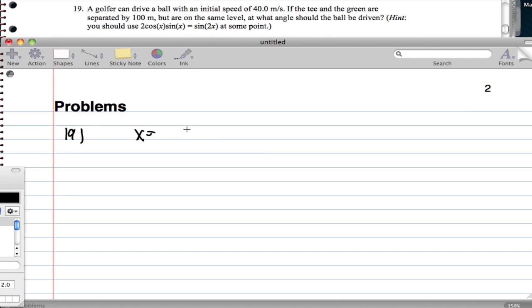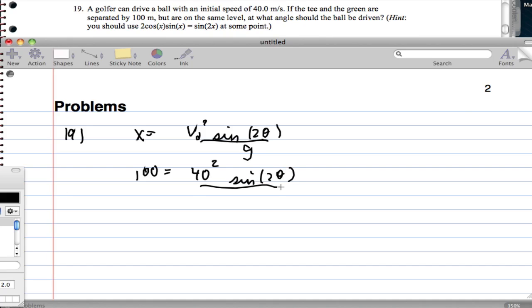We're going to have x equals v naught squared sine of 2 theta over g. So we have 100 equals 40 squared times the sine of 2 theta divided by 9.8. So we end up getting 980 divided by 40 squared equals the sine of 2 theta.